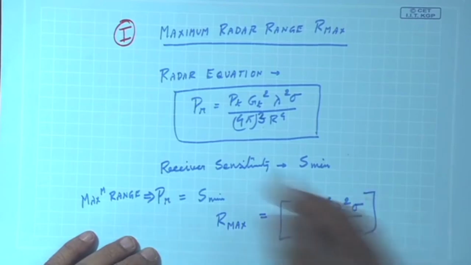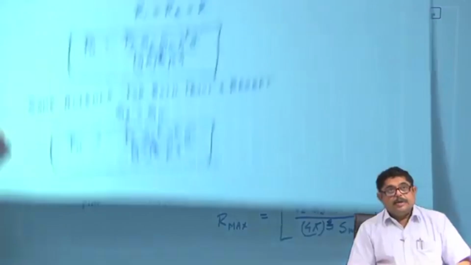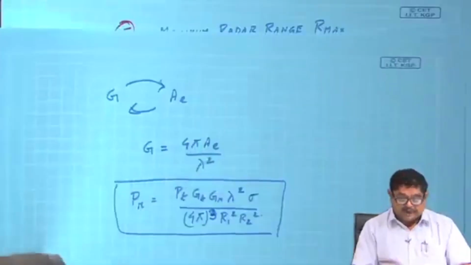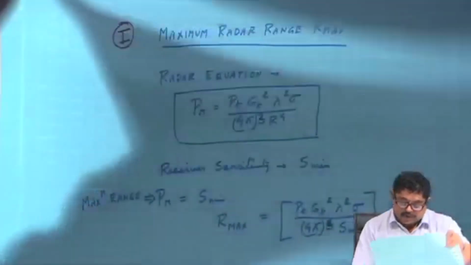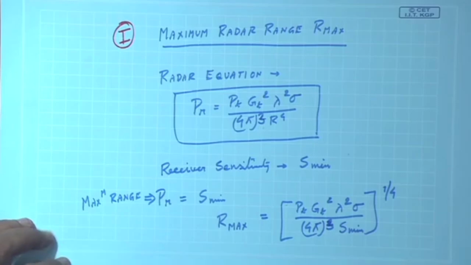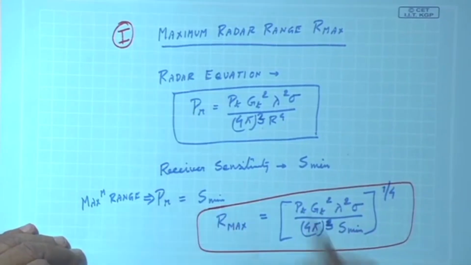In the previous lecture, when we were relating G and the transmitting gain of the antenna, there is a 4 pi that extra comes, that is why it is 4 pi cube. So this to the power 1/4, this is the maximum range a radar can give.